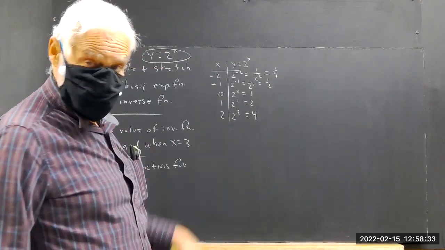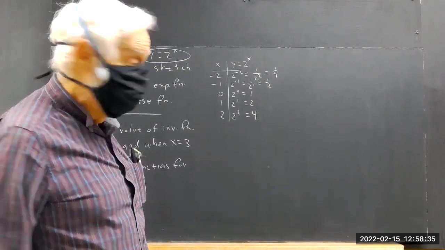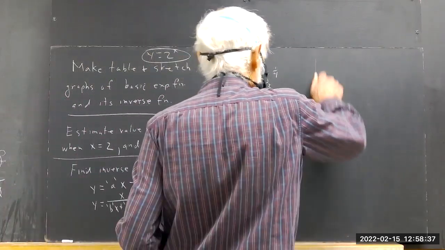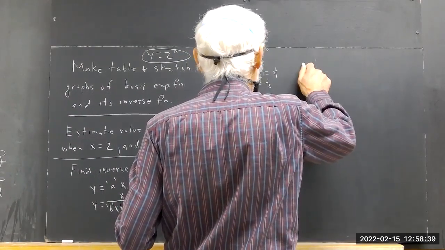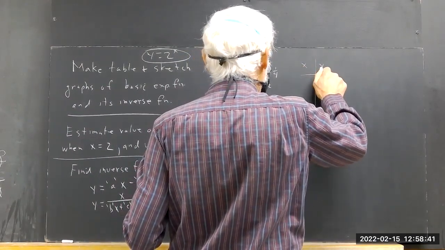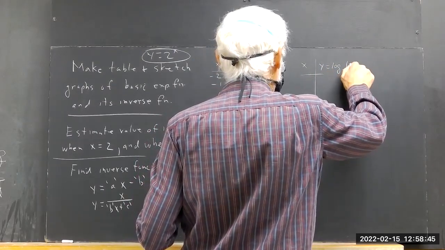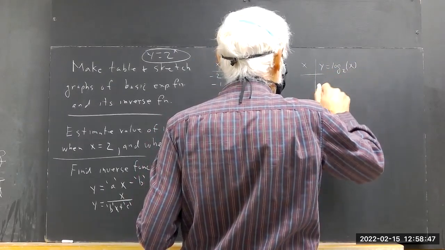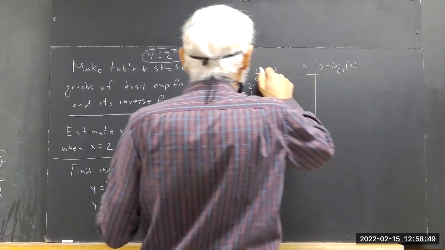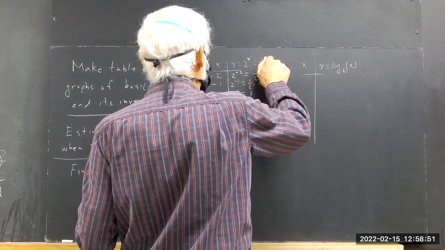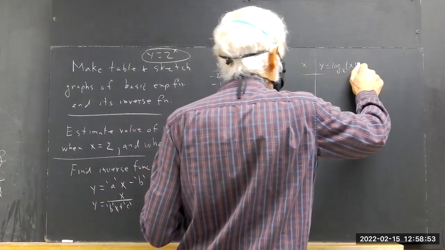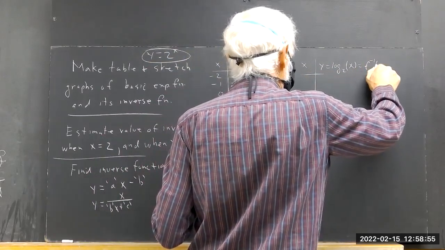Here's your 2 to the x function, your basic exponential function, and the inverse. You don't have to know all this, just log base 2 of x. So if this is f of x, then this is f inverse of x.